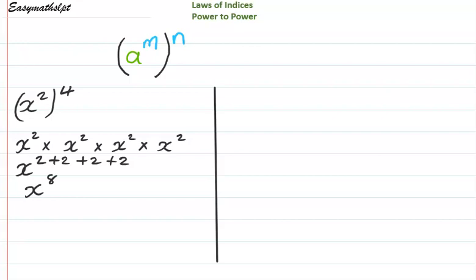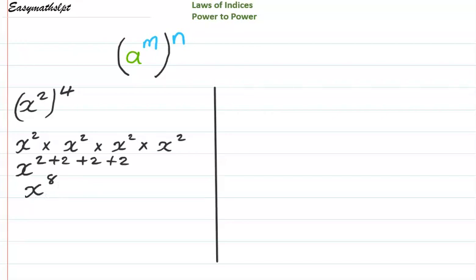Now, if we look at the powers that we had in the initial question and see what it simplified to be: we had x squared raised to the fourth power, and it simplified to x to the 8th power. So we basically multiplied the powers.